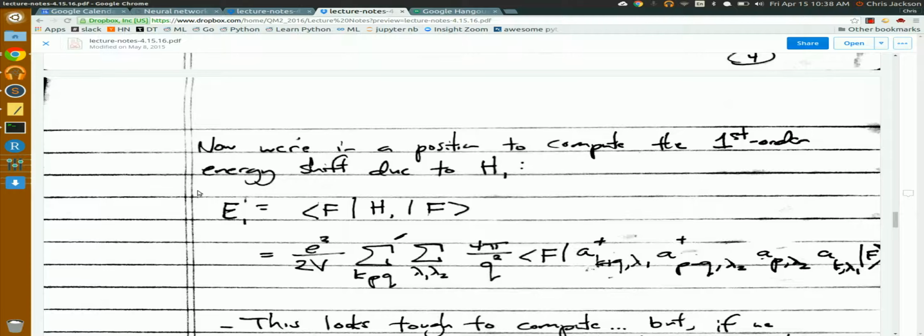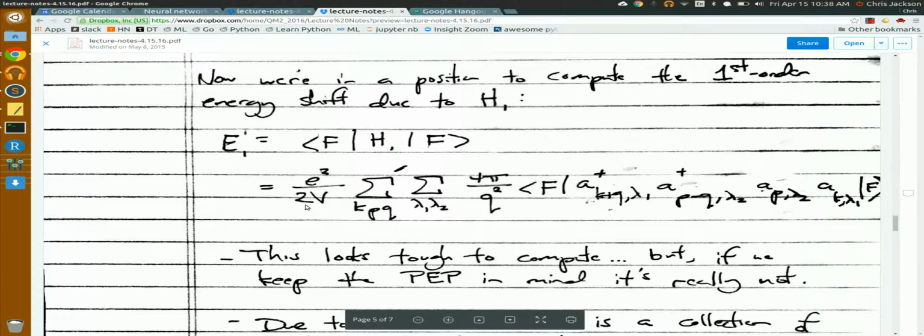Now what we want to do is use perturbation theory and compute the first order energy shift due to our screened Coulomb interaction. So I'll plug in H1, the operator that we had in second quantization form. Here, again, I'm summing over k, p and q, and the prime is telling me that q can't be 0, and I'm summing over the two particle spins.